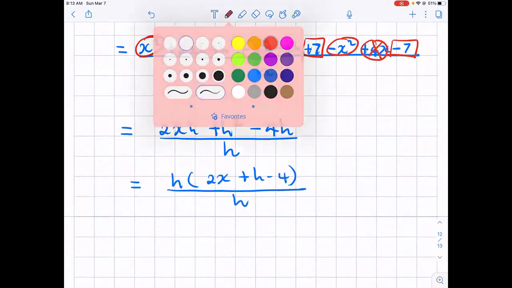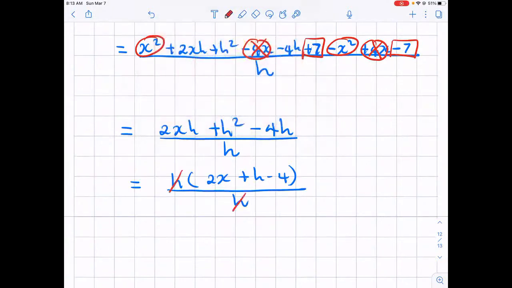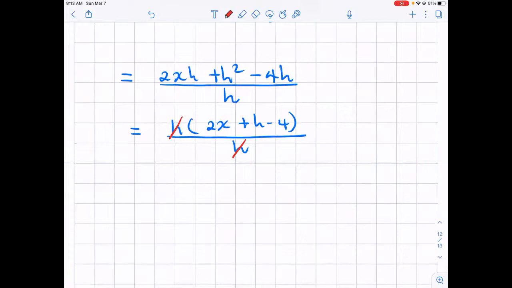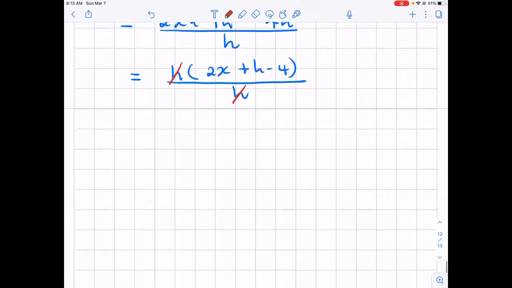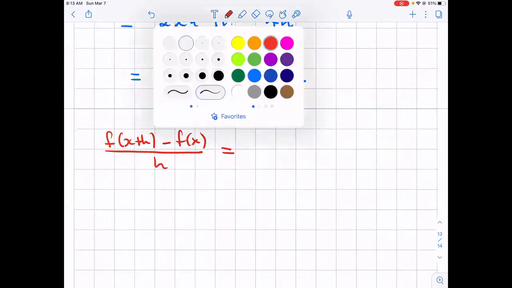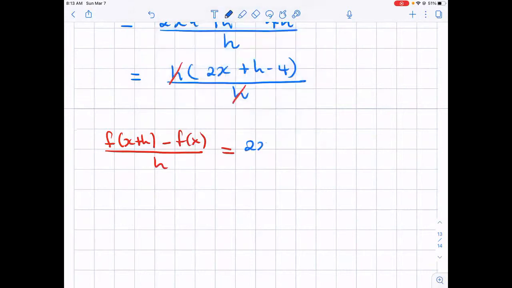And then this cancels with this. So f of x plus h minus f of x over h is now equal to 2x plus h minus 4. And remember, h cannot be equal to 0.